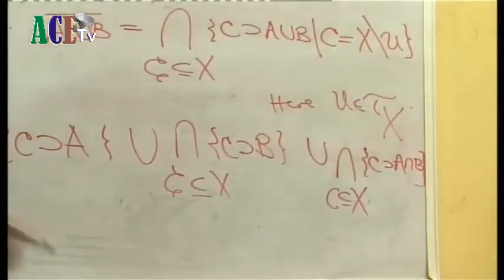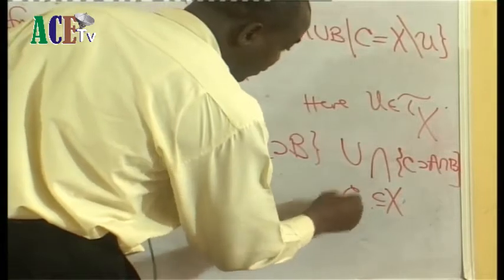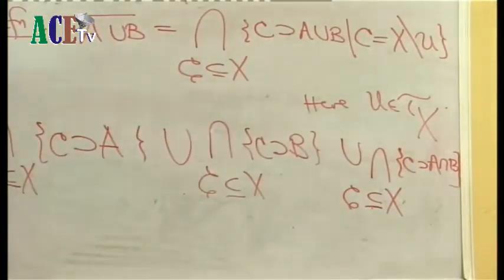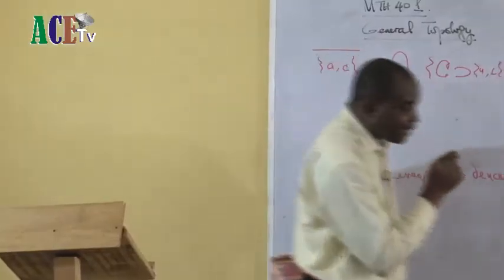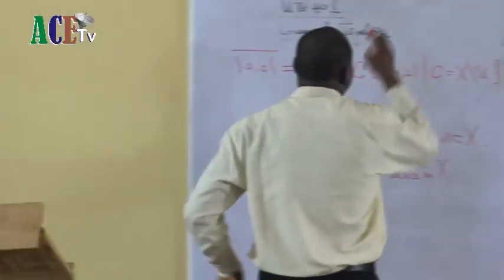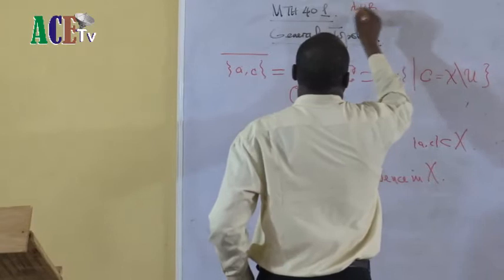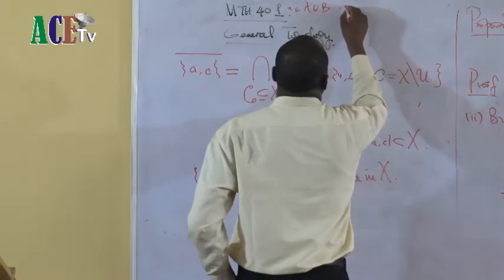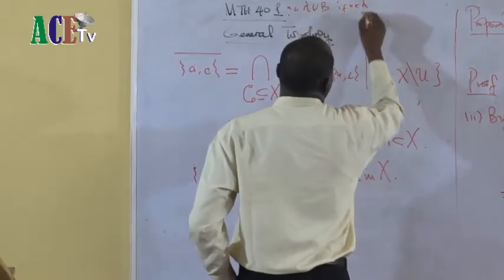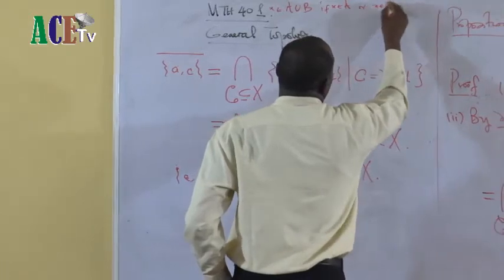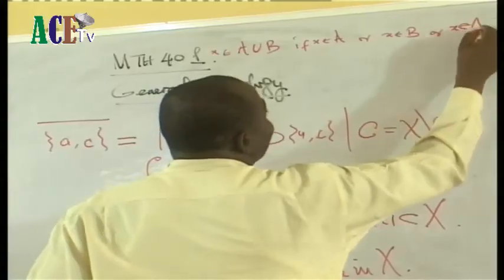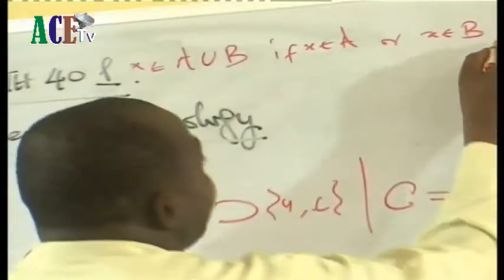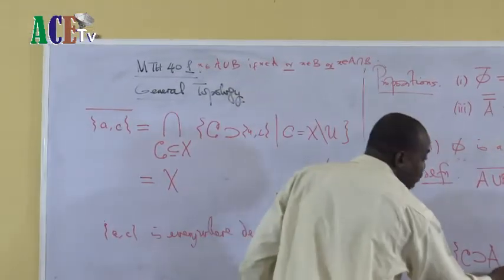So, don't be confused. This is C, a subset of X. So you can see clearly, by definition, x belongs to A union B if x belongs to A, or x belongs to B, or x belongs to A intersects B. So this word "or" is represented by the union.